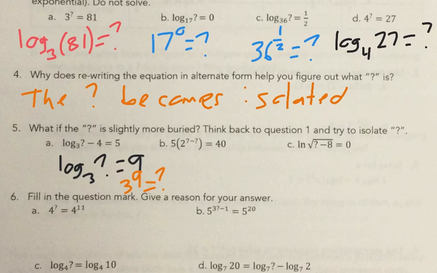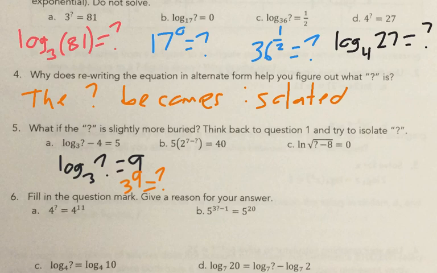Now it looks like an exponential function. Do you see the exponential? A times B raised to the X equals, this time they've given you the Y value, 40. So if I need to isolate it, let's get the question mark by itself. You had to isolate a logarithm before you could do anything. Guess what you have to do when it's exponential? You must isolate the exponential.